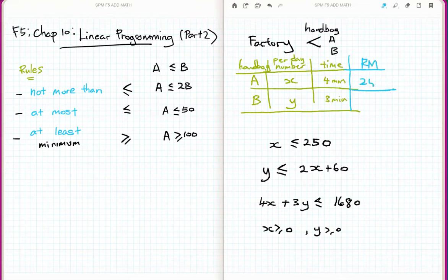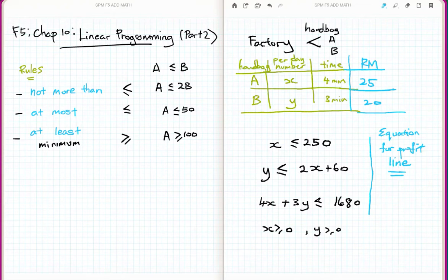A is selling 25 and B is 20. So from here you need to find out what's the maximum profit. To do that, you need to have a profit line. Equation for profit line.